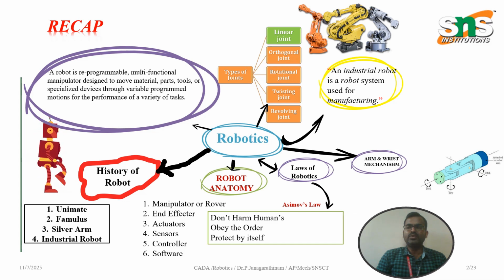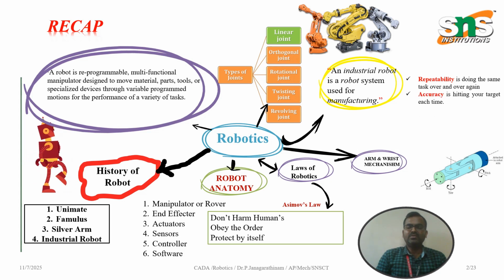Robot anatomy means the manipulator, end effectors, actuators, sensors, controllers, and software. Asimov's laws: don't harm humans, obey orders, and protect itself. An industrial robot is used for different manufacturing processes and sectors.